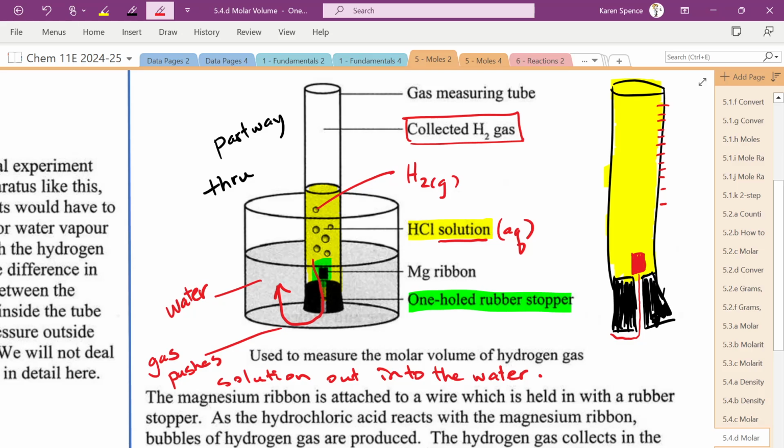Now what you're going to do once you have your beaker is fill the beaker almost to the top with water. Not all the way to the top, but almost to the top.